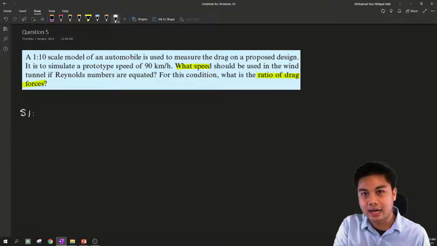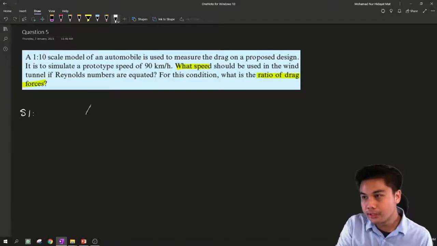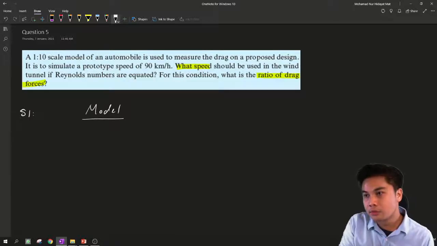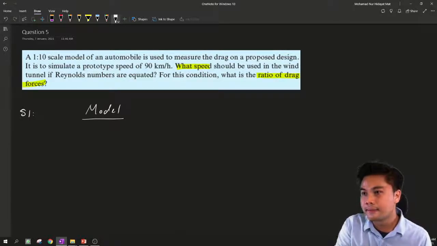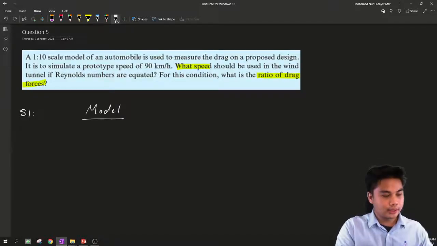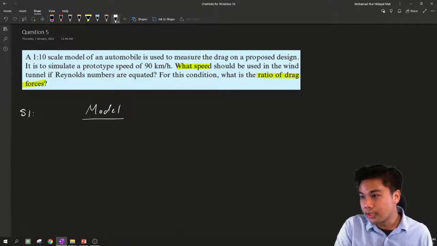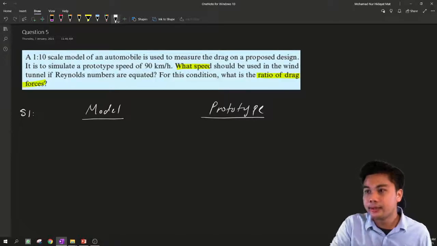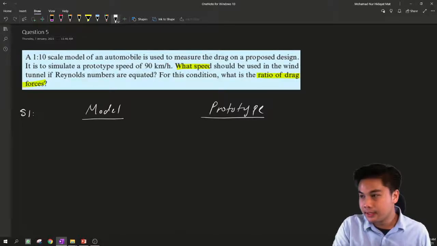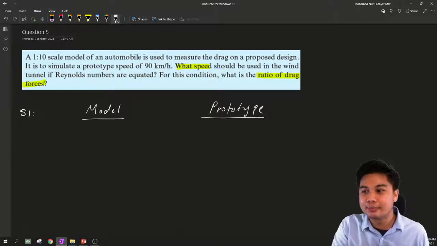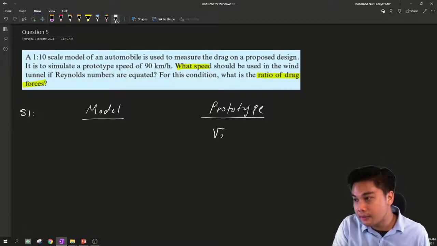So step number 1, we need to list out what's given for the model as well as for the prototype. It is to simulate a prototype speed at 90 km per hour. So the speed of the prototype, VP, equals 90 km per hour.